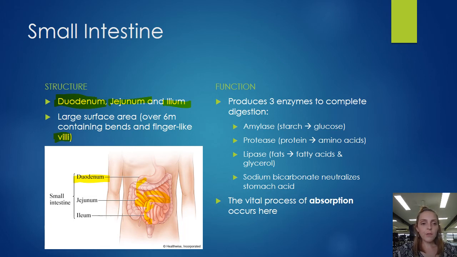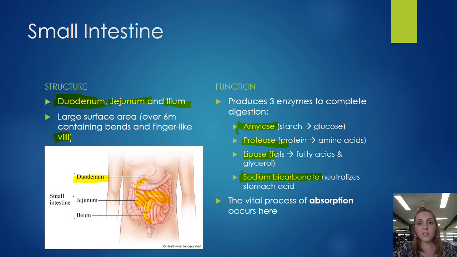The function of the small intestine is a lot of chemical digestion and the bulk of our nutrient absorption. It has amylase, protease, and lipase, which have been secreted from the pancreas. The other important secretion from the pancreas is sodium bicarbonate, which is basically bicarb soda.